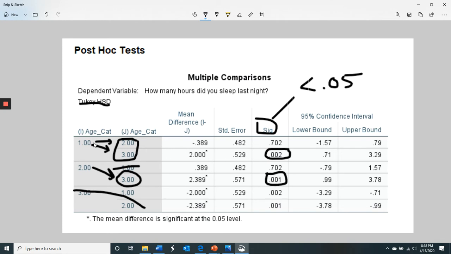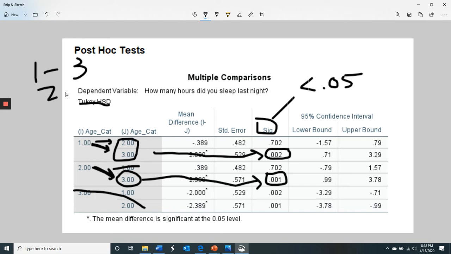So it looks like 1 and 2 differ. And 2 and 3 differ. So 1 and 3 and 2 and 3. So 1 and 3 differ, and 2 and 3 differ.